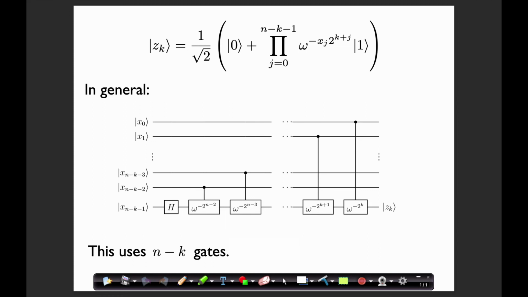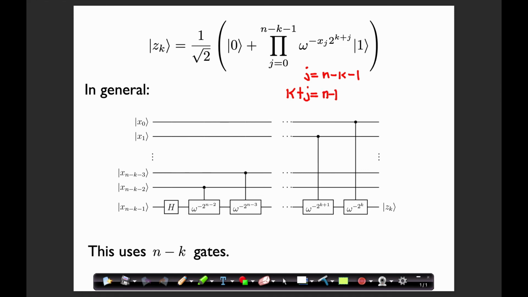What is the dependence on x_{n-k-1}? In this formula, when j is n minus k minus 1, k plus j is just going to be n minus 1.